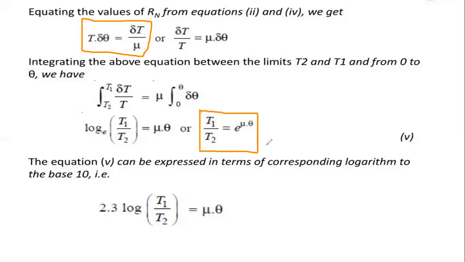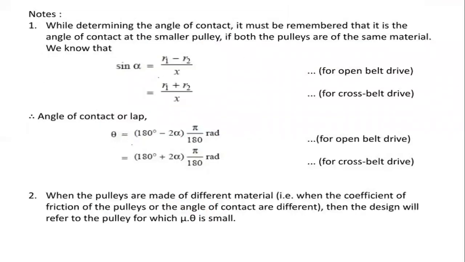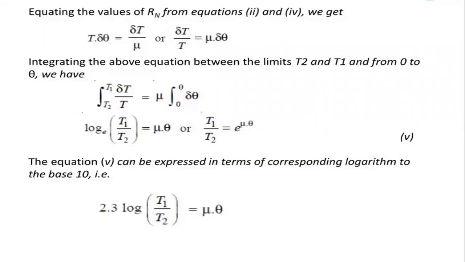Then the expression can be expressed in terms of logarithm, that is 2.3 log T1 by T2 is equal to mu into theta. So that is the final expression for the power transmission in belts.